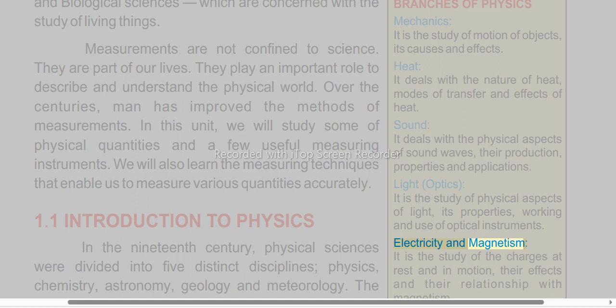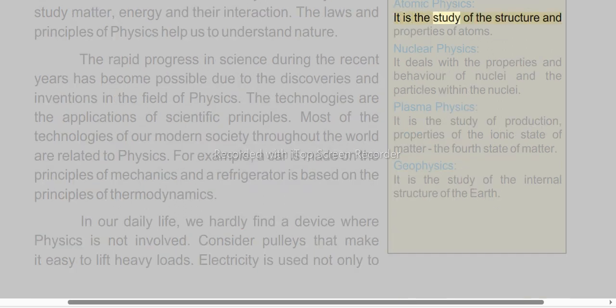Electricity and magnetism: it is the study of the charges at rest and in motion, their effects, and their relationship with magnetism. Atomic physics: it is the study of the structure and properties of atoms.